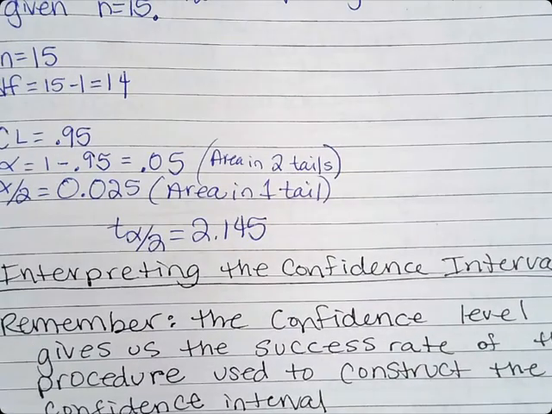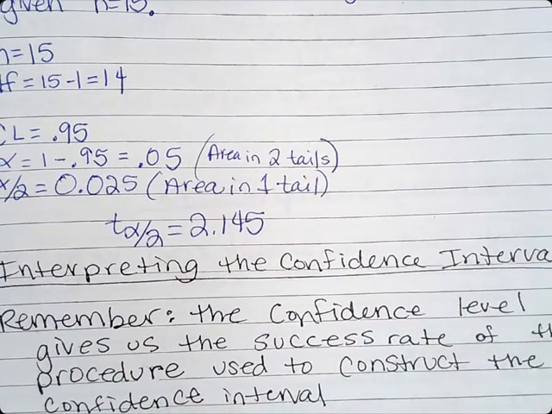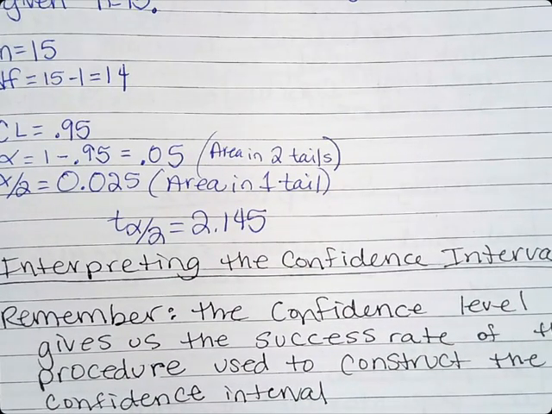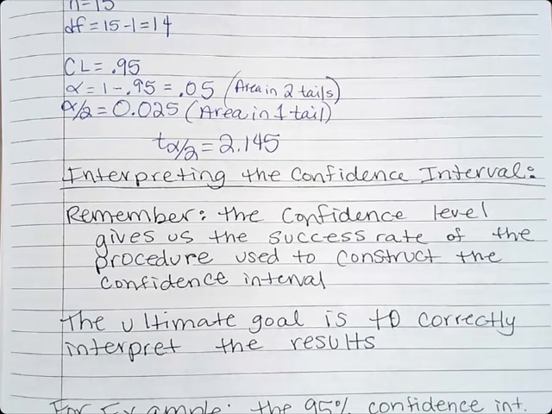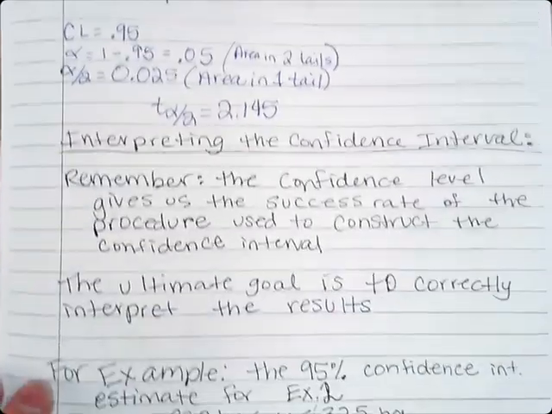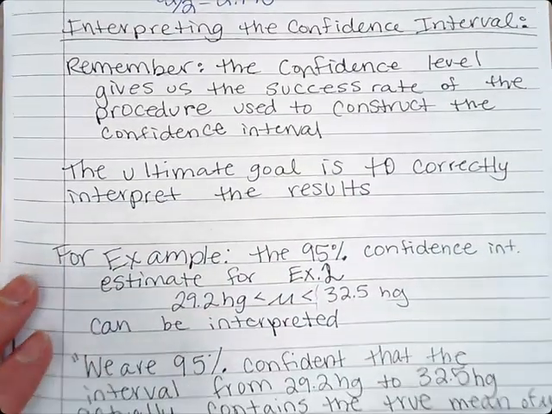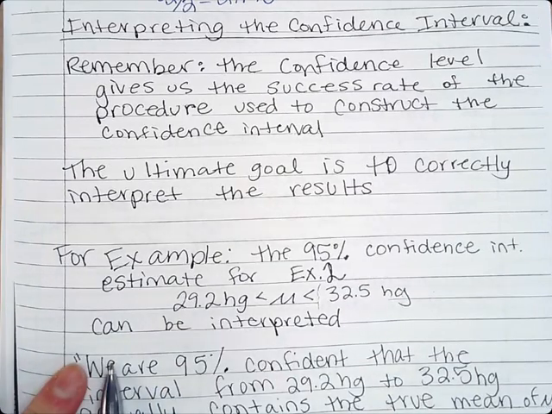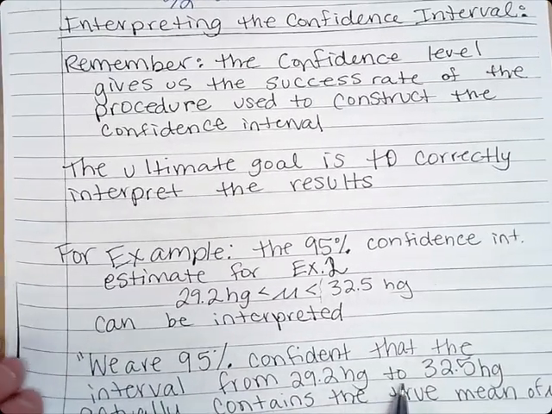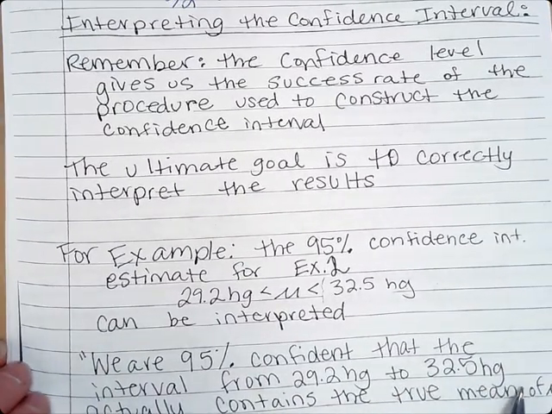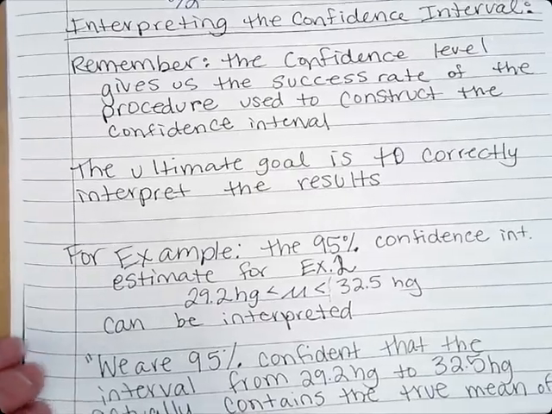We're almost done. So interpreting our confidence level. That's the most important thing about this, not just finding it, but actually being able to interpret it and understand what the results mean. So for that example too, we are 95% confident that the interval from 92.2 to 92.5 actually contains the true mean of mu.